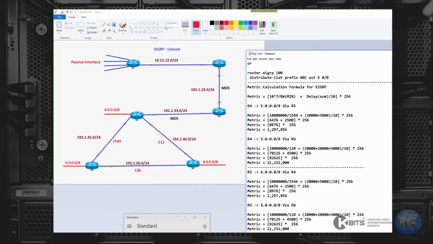So two different ways of getting from where? From 5 to 6. Help me out, guys, with this metric calculation formula. From 5 to 6 via 4, the first one, the top one. What is the metric calculation formula going to have? How many bandwidths?